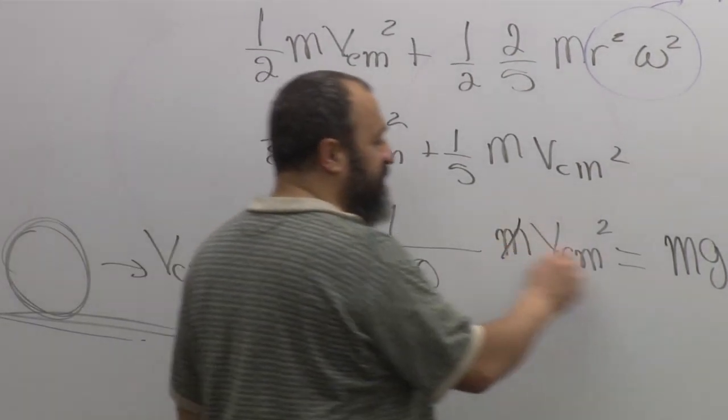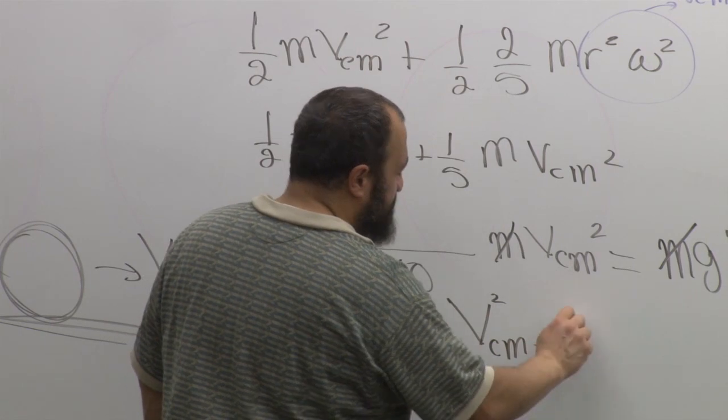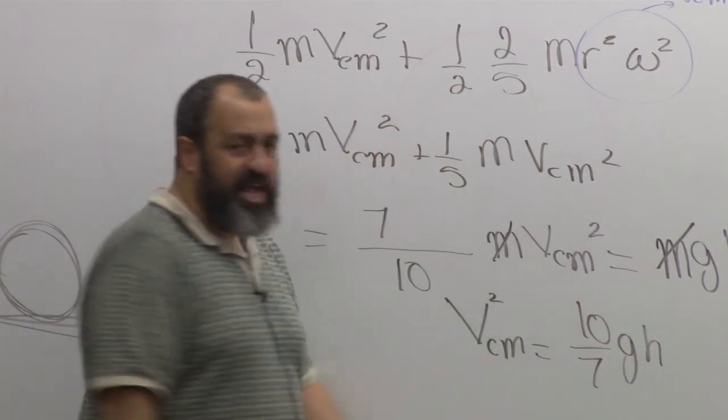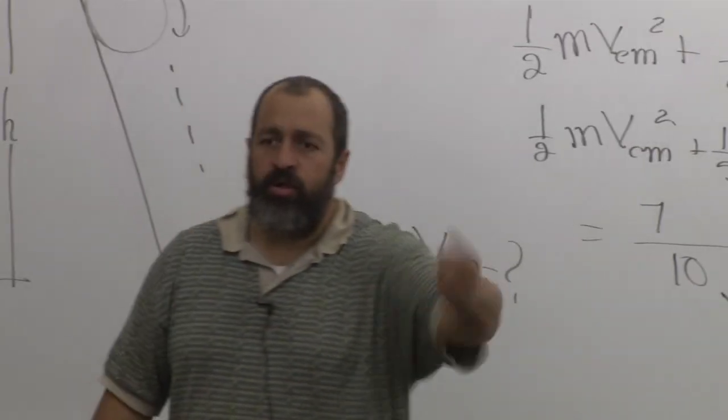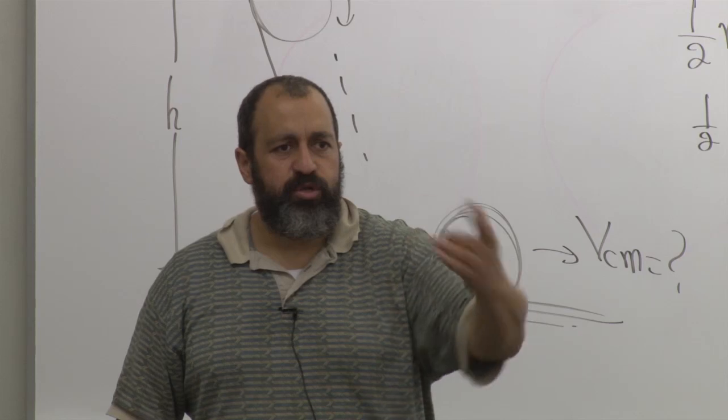The masses cancel, and v squared cm is 10/7 of gh. What was it for an object that did not roll, that just slid? V squared was 2gh.